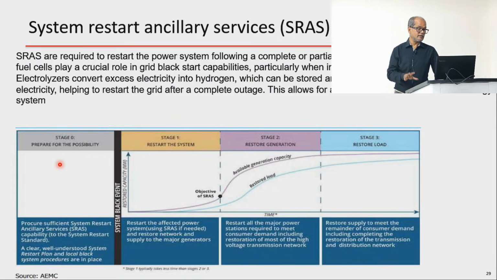They'll also plan which generator should come online first, and then how the other generators will be brought in. Once they have a plan, they restart the affected system and restore the network and supply to the major generators, because many of the generators, at the start, might need supply to magnetize.